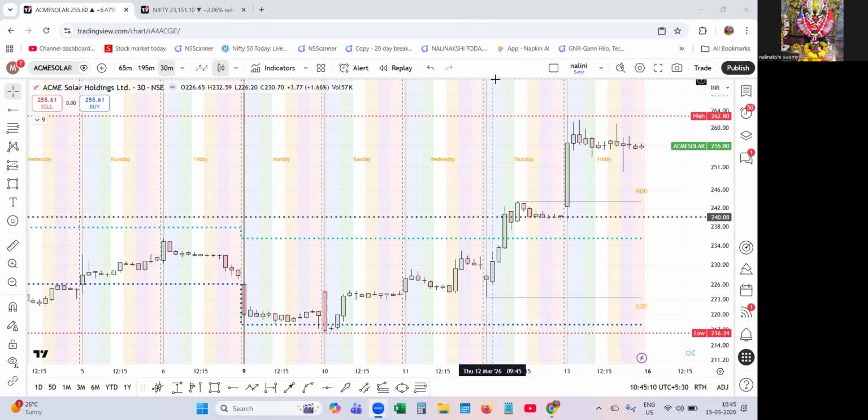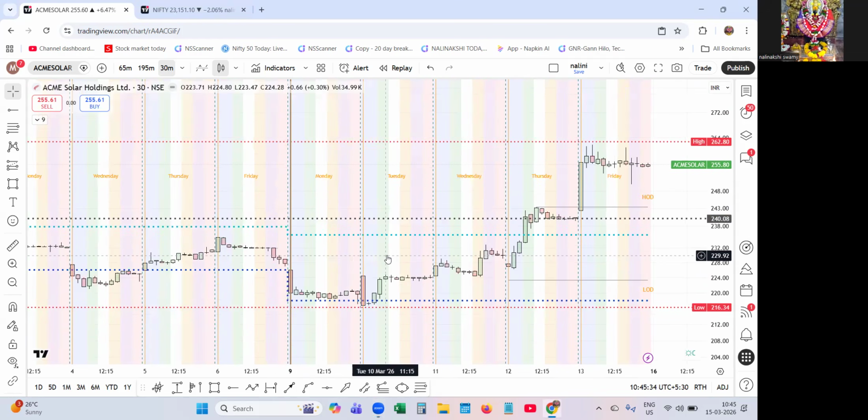This is a day template that is included in my Nalini EMA indicator, and this is my new indicator, Nalini 65-minute time cycle. This indicator will tell us very precisely the midday, the mid 65-minute block of the entire day.